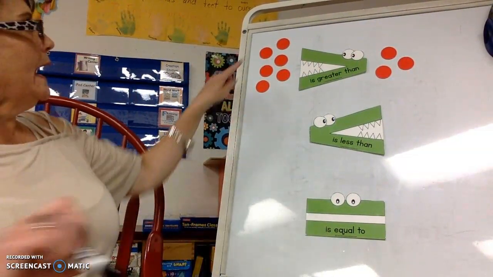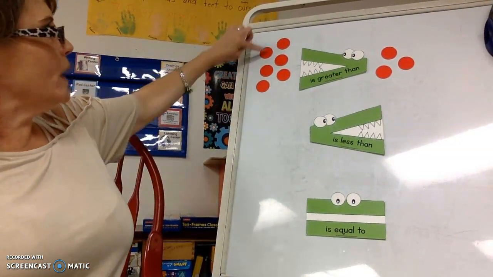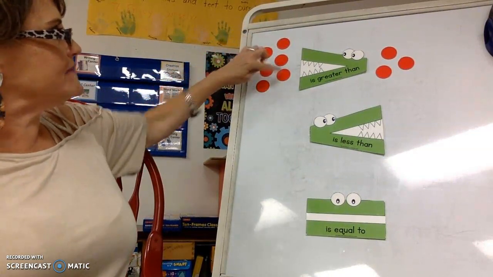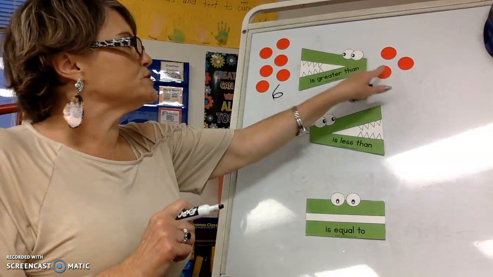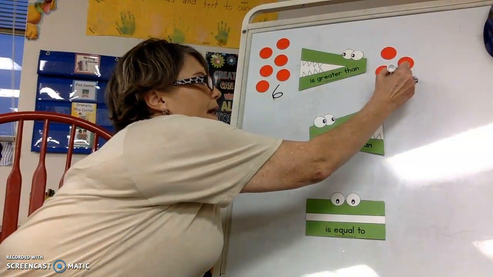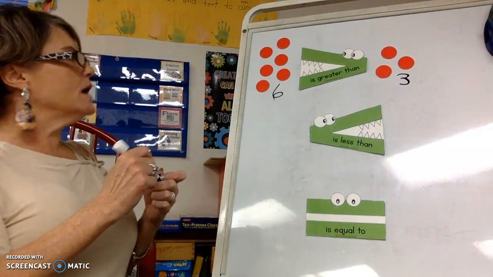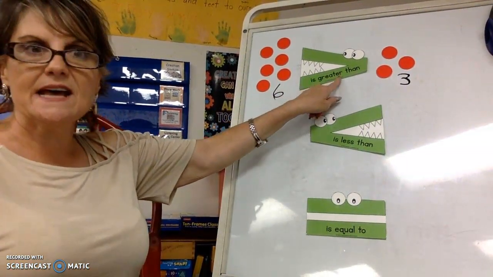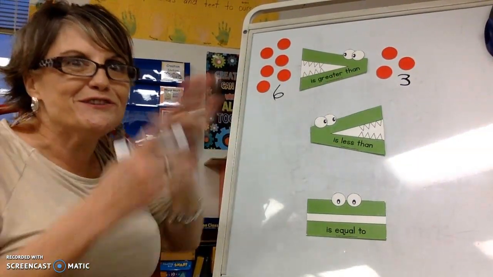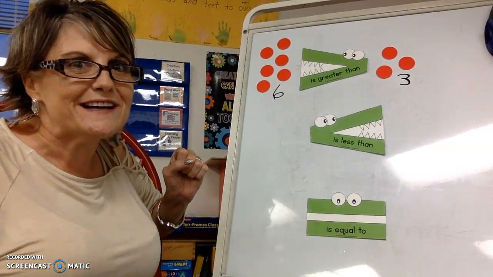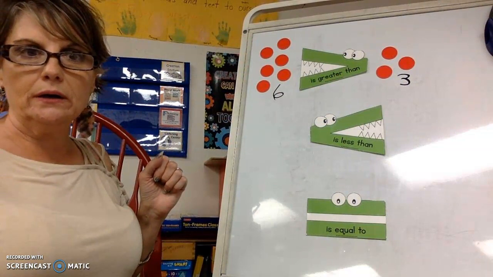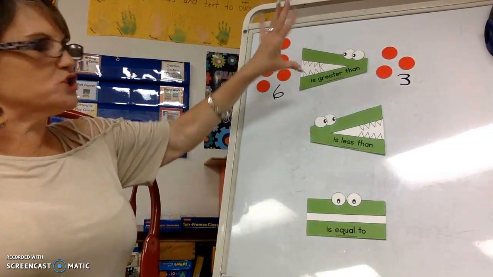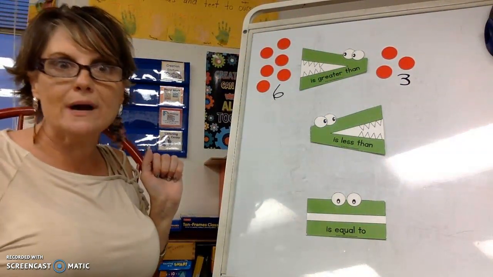Let's see how many counters I have here. 1, 2, 3, 4, 5, 6. 6 counters here. 1, 2, 3. 3 counters, or 3 chips. This alligator, crocodile, you know Mrs. Hensley loves alligators and crocodiles, is chomping the bigger number. It's always chomping the bigger number.